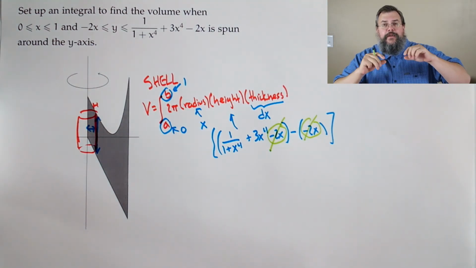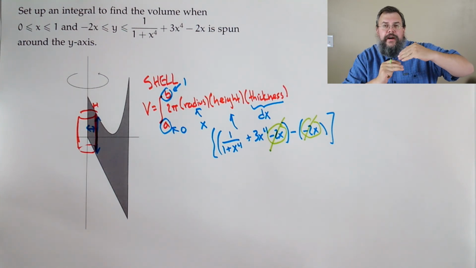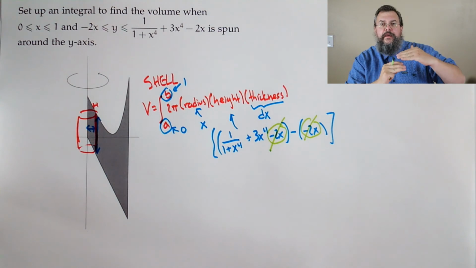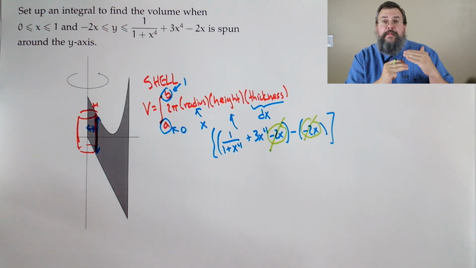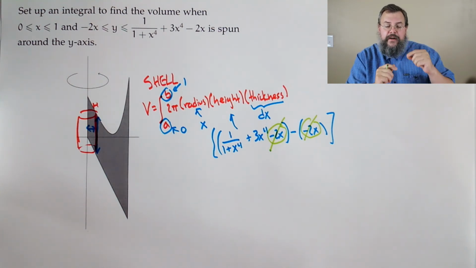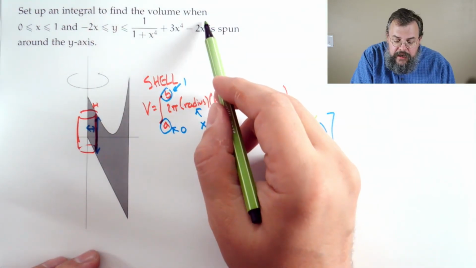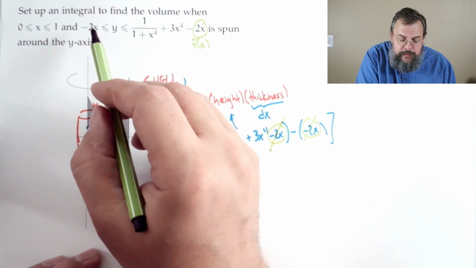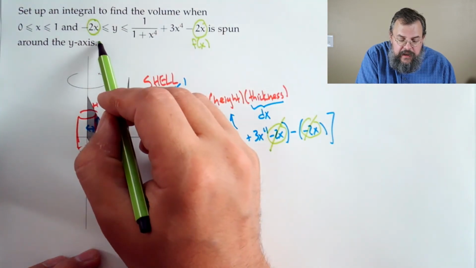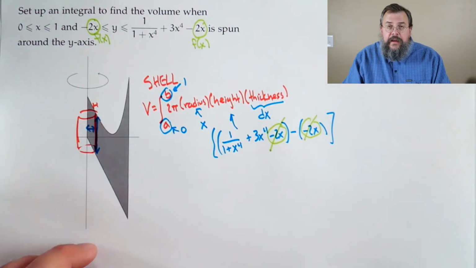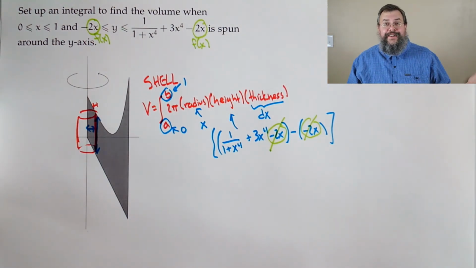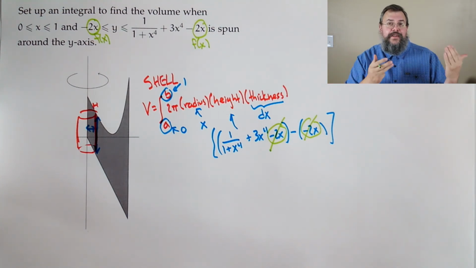They're causing it to shift up and down, but because you're shifting the bottom just as much as you shift the top, the height ultimately doesn't matter. I could have put any function I want here. I could come up with some crazy function f of x and some other crazy function f of x to make you super nervous, but it wouldn't matter, even if I didn't know what f of x was, because they end up canceling out.